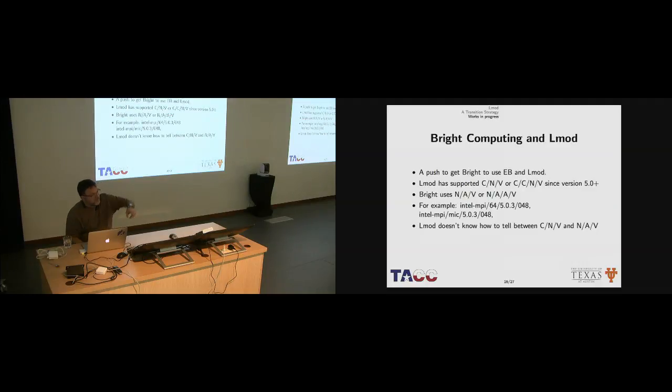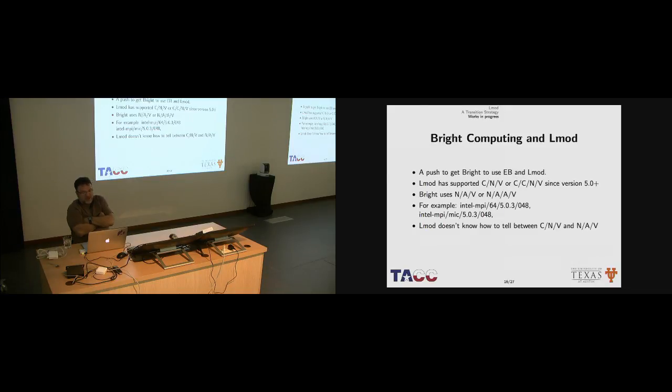This gentleman in the back has got me into this giant hole. There are people around here who would like to get Bright Computing to use EasyBuild and Lmod. The problem is that they use a different strategy. Lmod used to only support name/version. You couldn't have category/name/version.